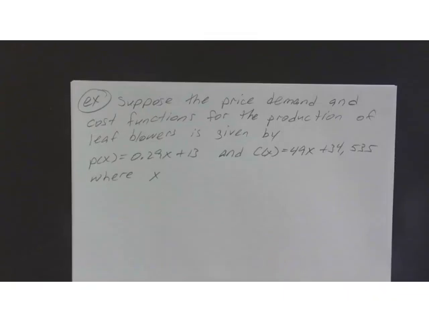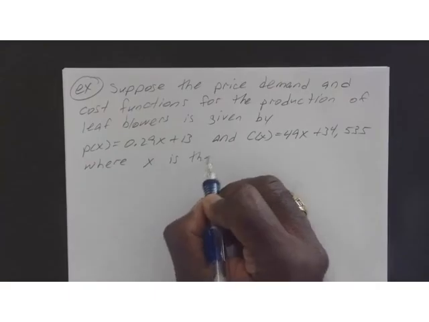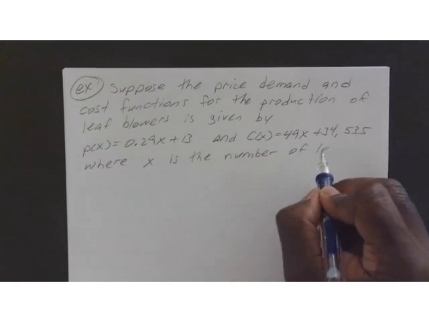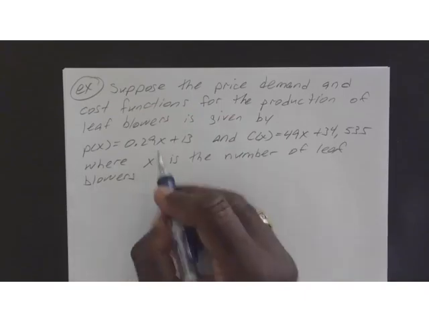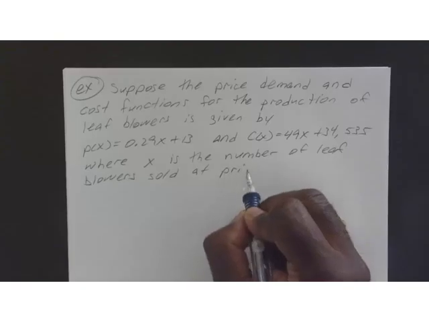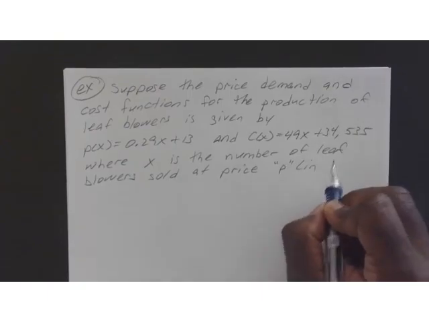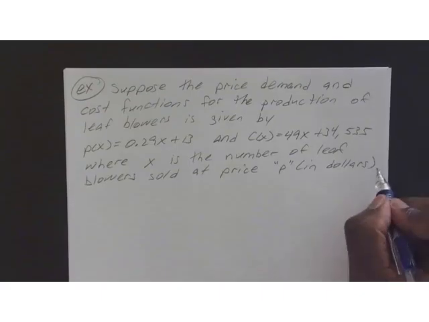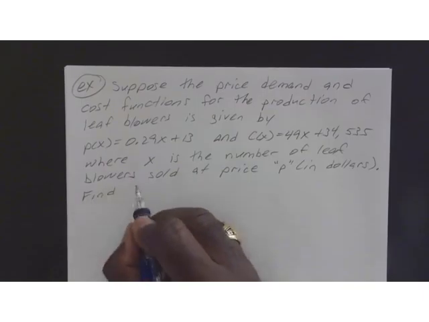Where we know that x is just the number of leaf blowers sold at the price p, and that's in dollars. So we want to find the profit function.